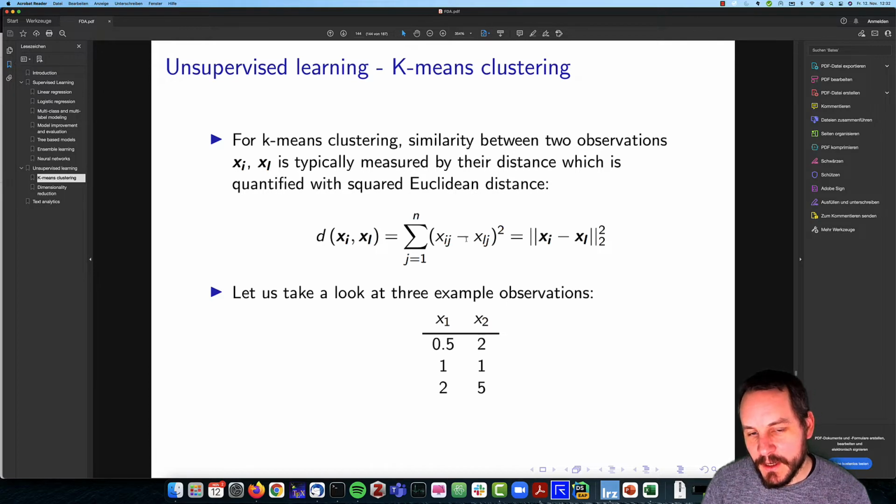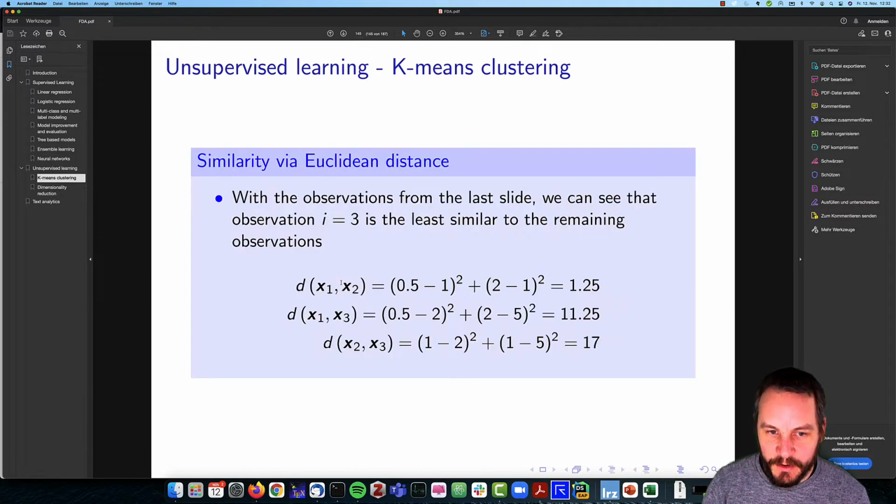So in order to determine how similar the first observation, the first sample, is to the second sample, we simply calculate those differences, square them and sum them up. That is what this means here, and we can do this for all those observations.